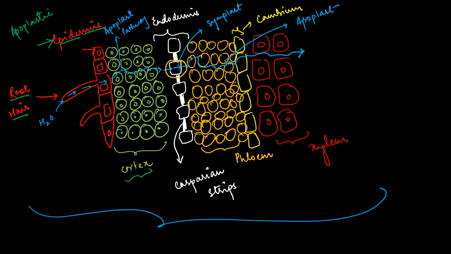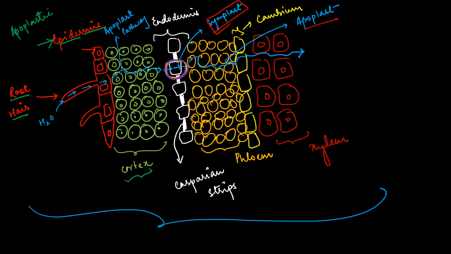And this is what we call symplastic pathway, because it is moving inside the cell. Then again, in phloem, it is moving through cell wall or apoplastic pathway.